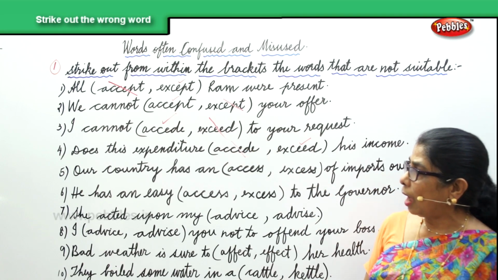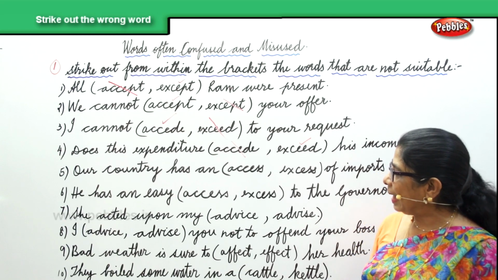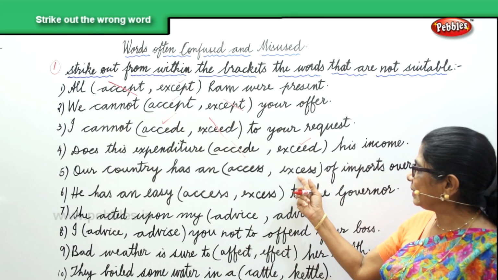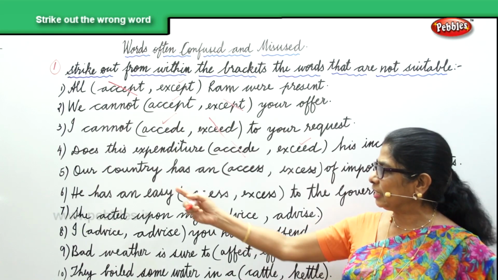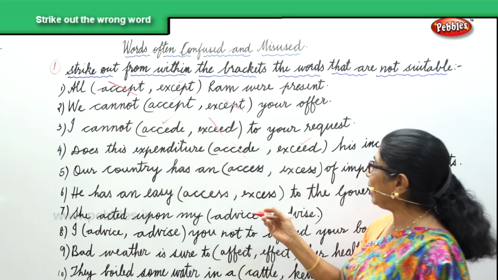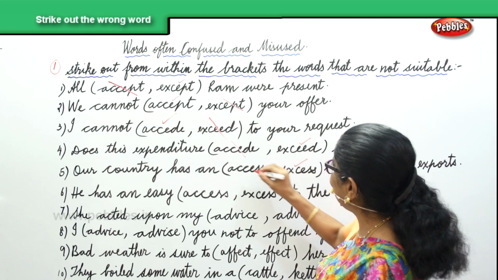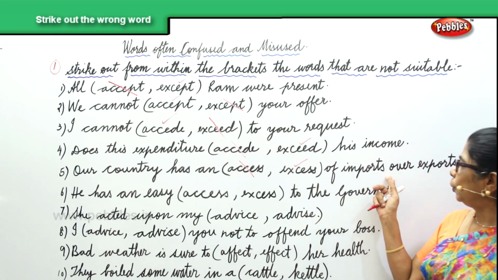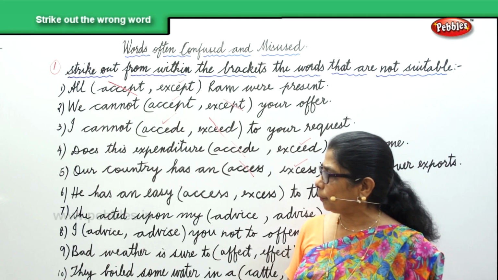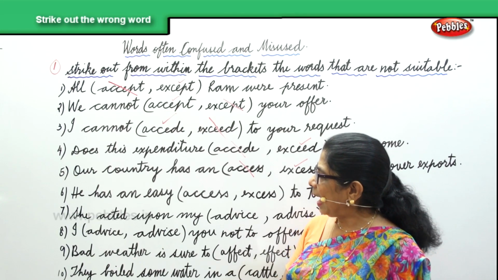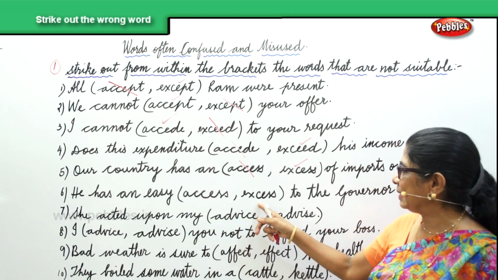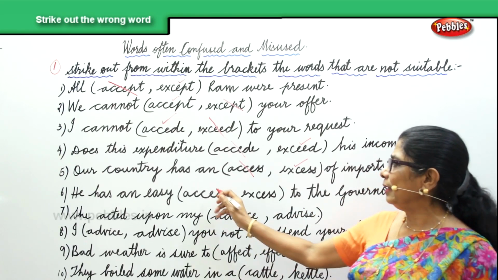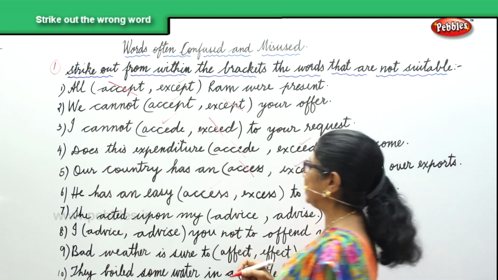Next, fifth one. Our country has an excess of imports over exports. Now, sixth one. He has an easy access to the governor.